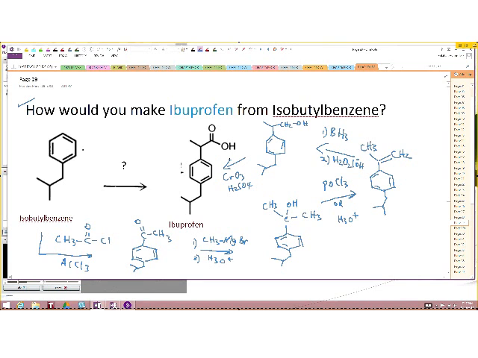Now, supposing I ask you to do this from benzene, just for an exercise. Well, we already know how to do this part here. Supposing I ask you to do this from benzene, in other words, the isobutylbenzene, you have to make it. Okay, let us see.